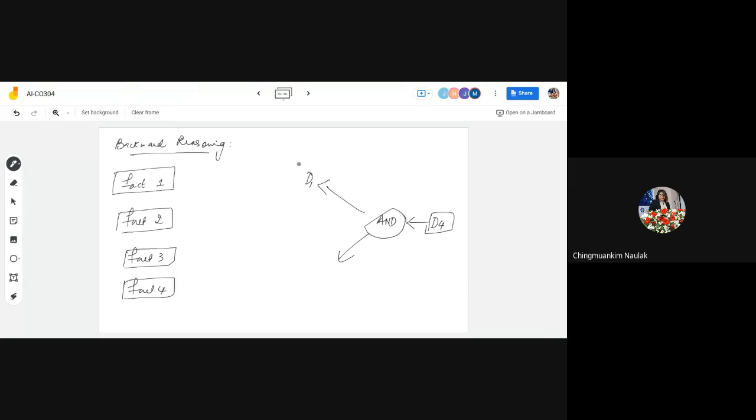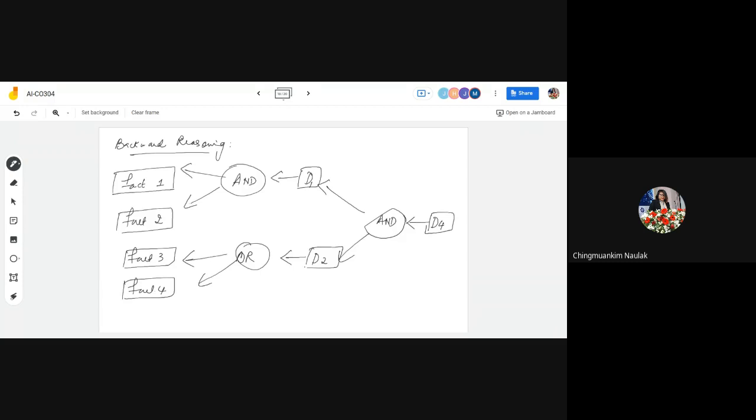Decision 1, this is decision 2. Labels are the same, you just have to change the arrow.